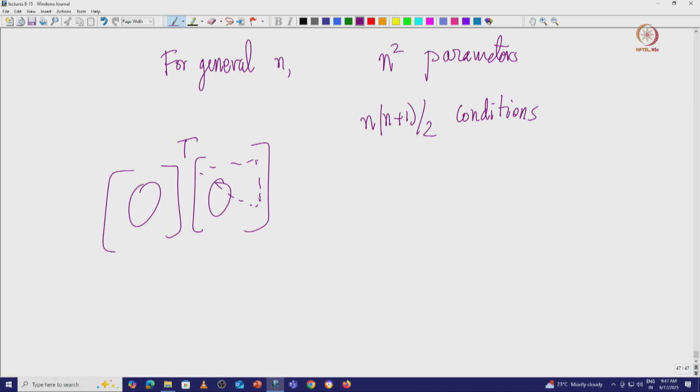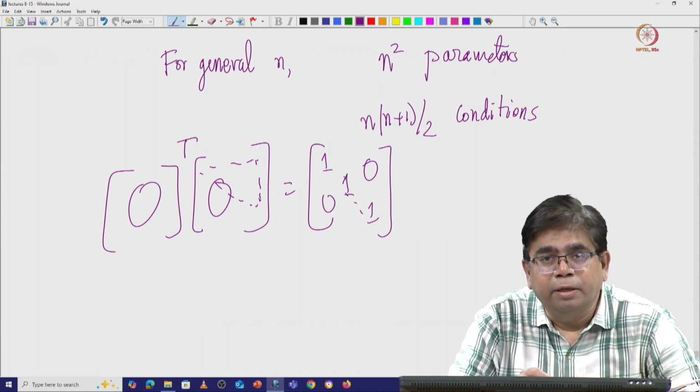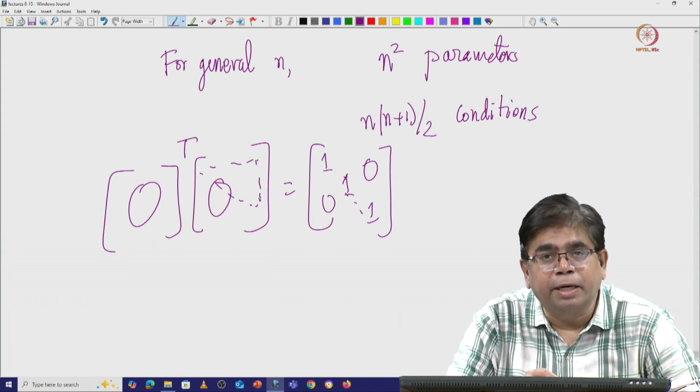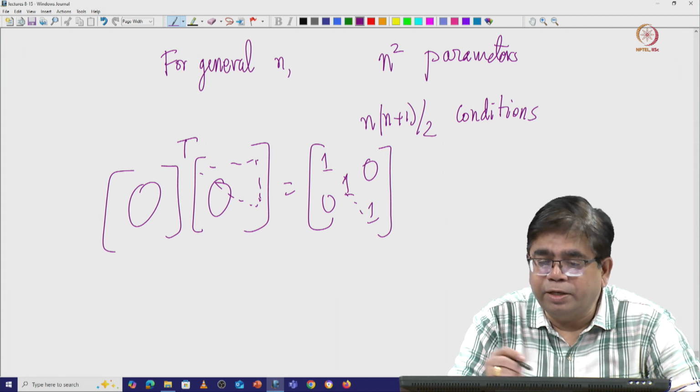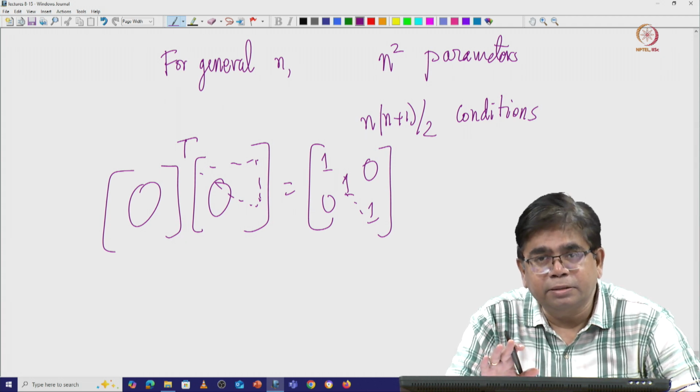The lower conditions are equivalent to the upper ones, say for example 1 1 0 0 1. These conditions replicate in the bottom direction. The top conditions are the only independent ones, so the lower ones won't give you a new set of conditions. So that is the reason why you have n square parameters for a general matrix.